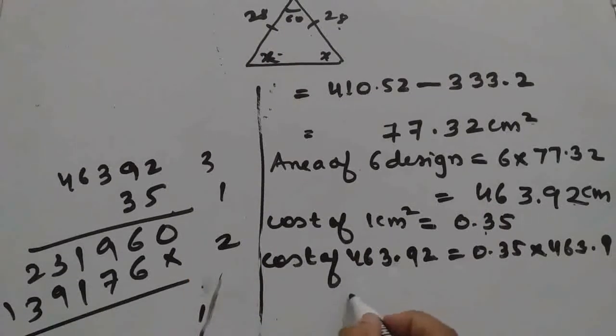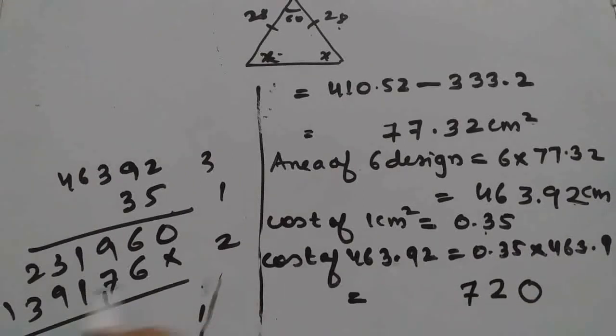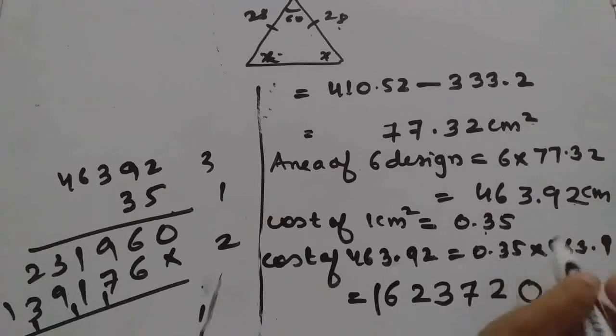So final answer will be, after 4-digit decimal is there, 162.3720.